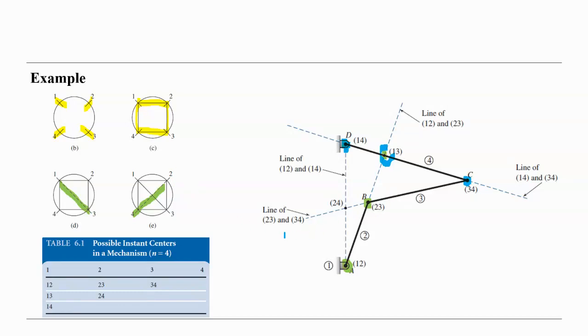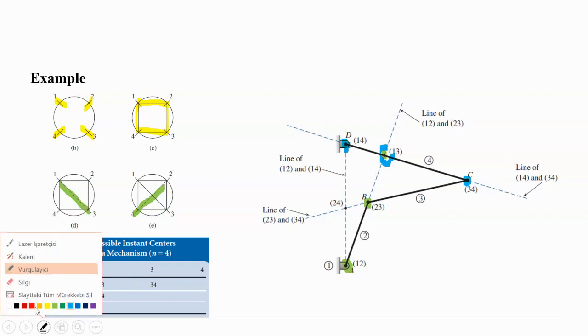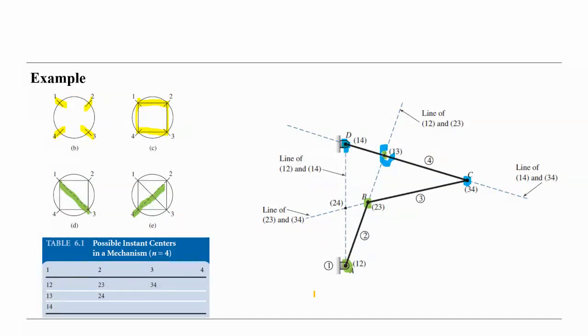So we can say here maybe this triangle, 4,3. Where is 4,3? Let's use another color. 4,3 is here somewhere.